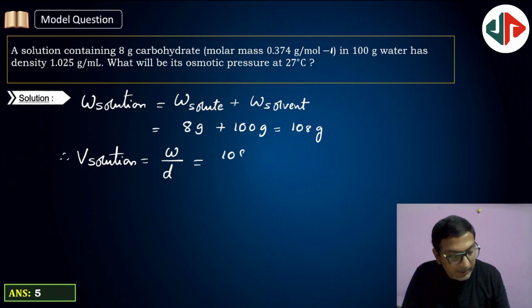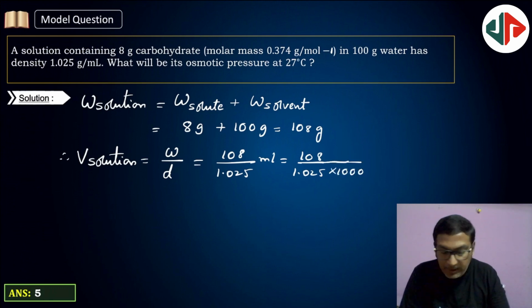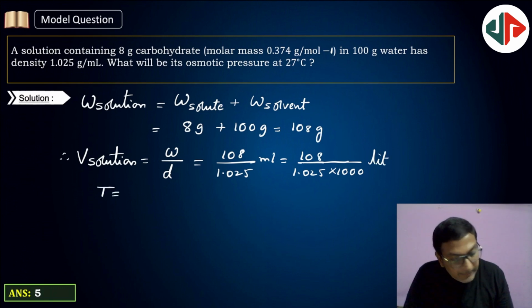So weight 108 by density 1.025, which is in ml. So 108 by 1.025 by 1000 liters. This is volume.